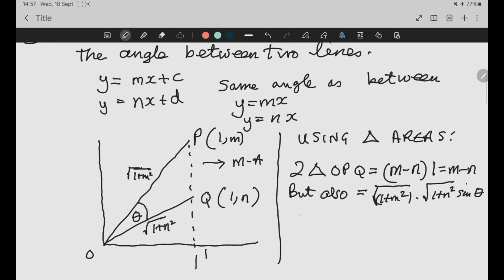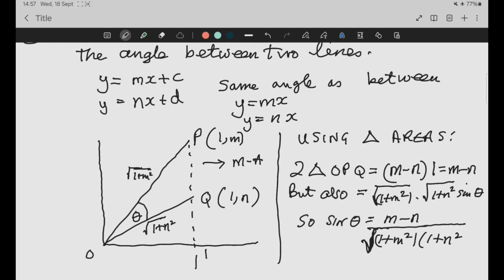All right, so sine theta equals m minus n over the square root of 1 plus m squared times 1 plus n squared. That's a square root sign there. Okay, that would suffice for our purposes.